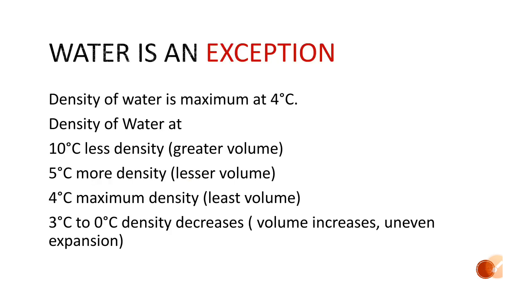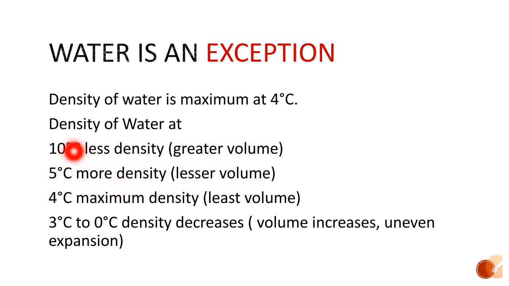Now see the next page here, water is an exception, that means it is a special case. The density of water is maximum at 4 degrees Celsius. So why is it special? Let's see, suppose we are considering 10 degrees Celsius, then the density is less. Why is it less? Because of greater volume. Now if it goes from 10 degrees to 5 degrees, the density increases as the volume decreases.